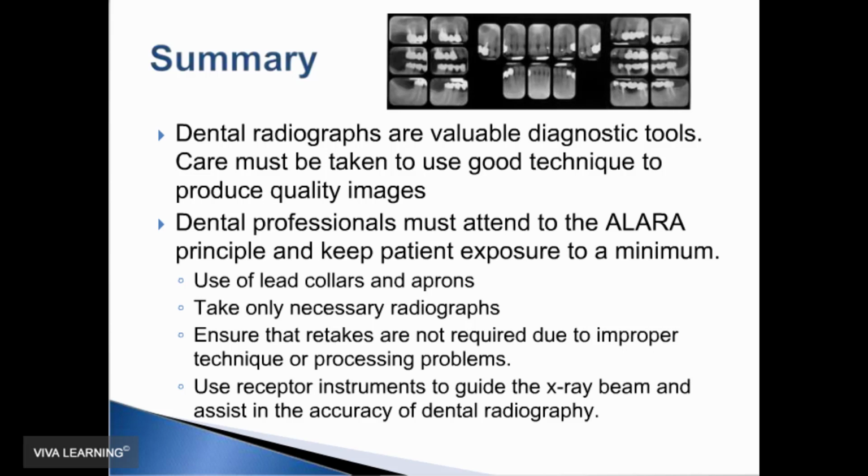If you're changing from a short to a longer cone, the distance is greater, so the time will have to be increased because it takes a longer time for the X-rays to reach the receptor. If you need more information about that, I would be glad to provide that. If you want to provide your email, I can do a follow-up on that question.